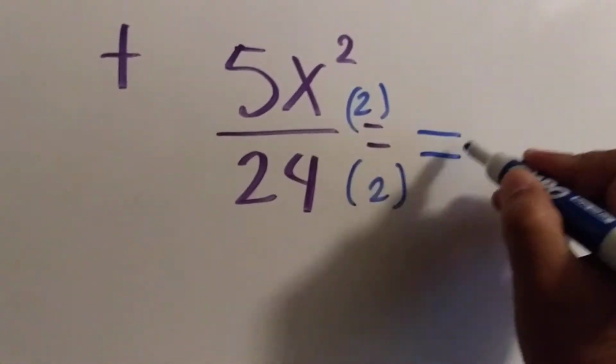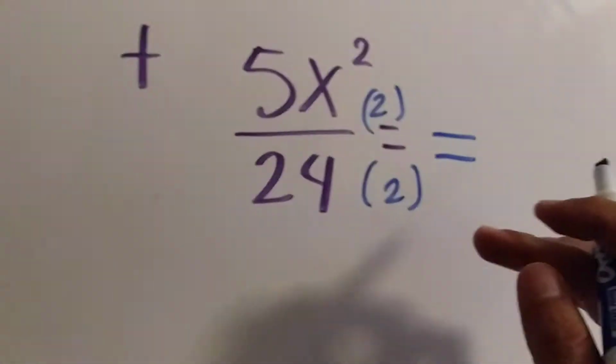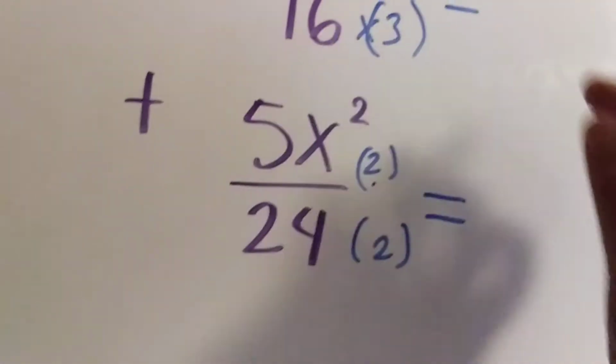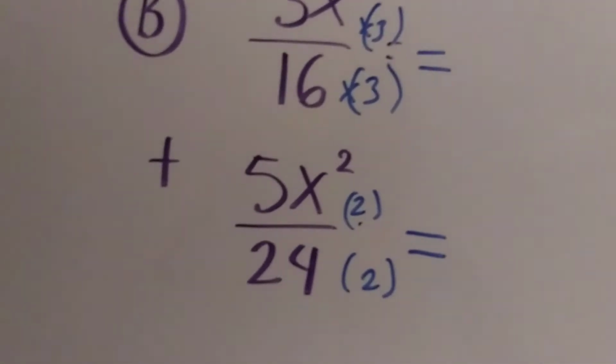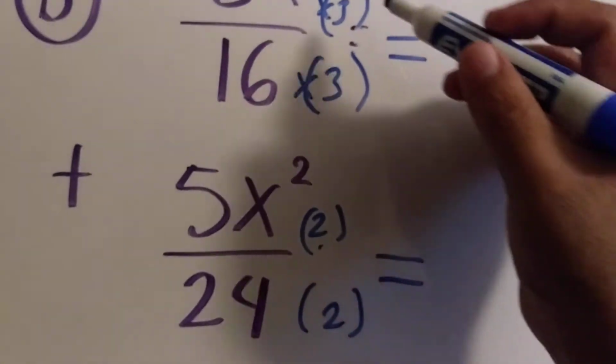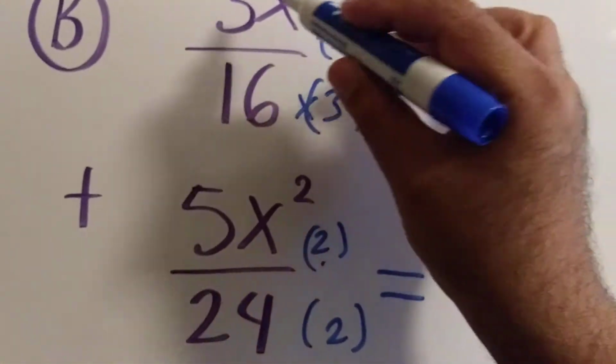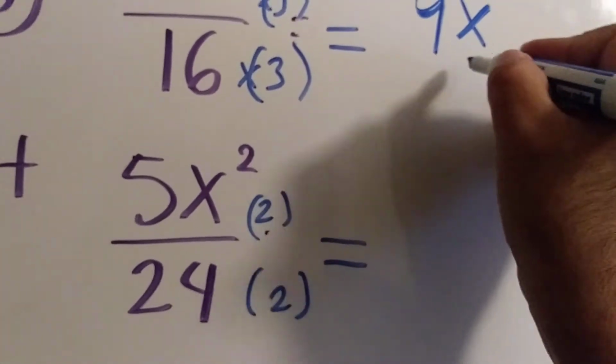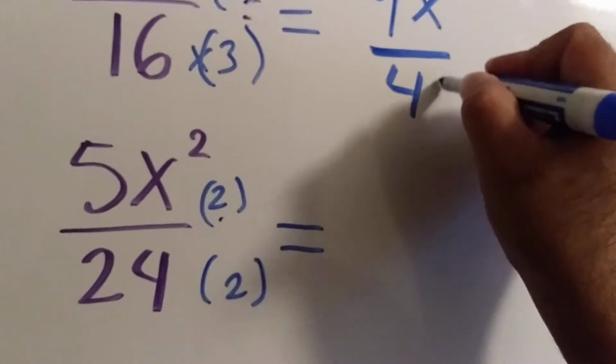Again, remind yourselves that you're multiplying the entire fraction by a fraction equivalent to 1. So in the top number here, we have 3x times 3, which gives us 9x over 48.